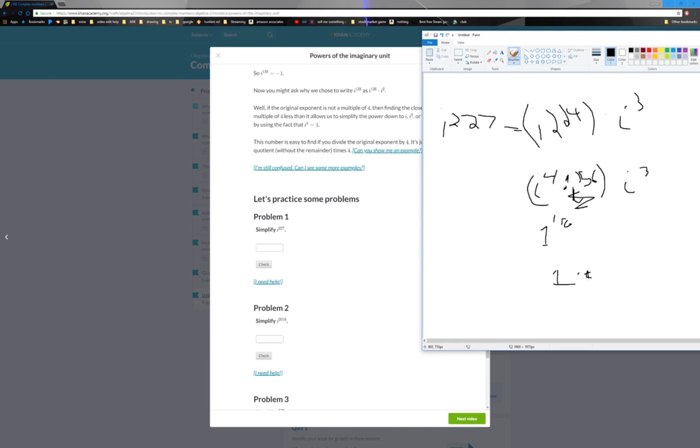We don't need this exponent here; we can just multiply in the exponents only. And we know that i to the first equals i, i squared is negative 1, and i to the third is negative i.